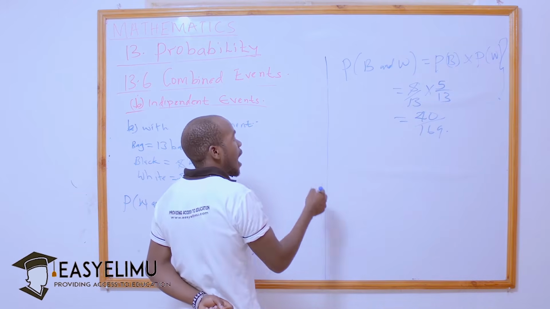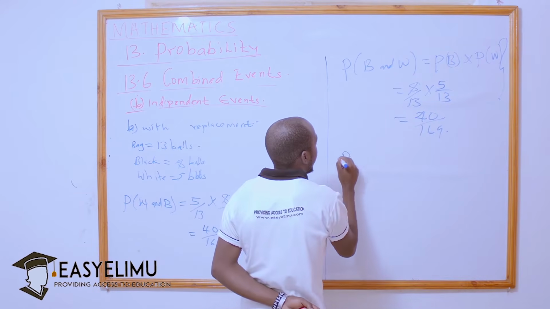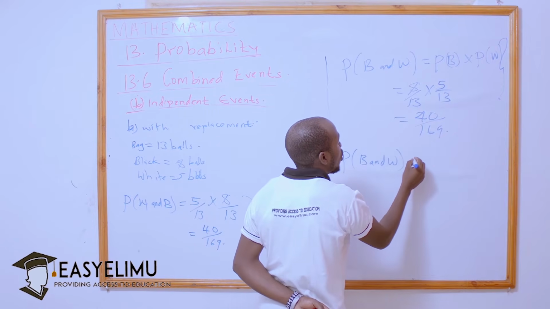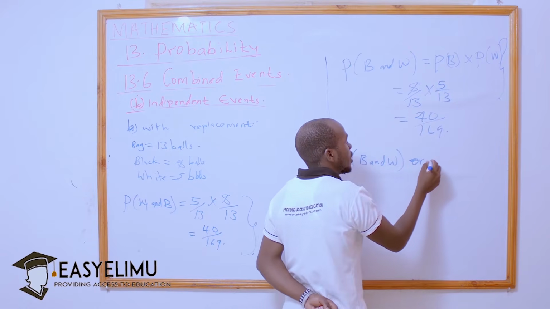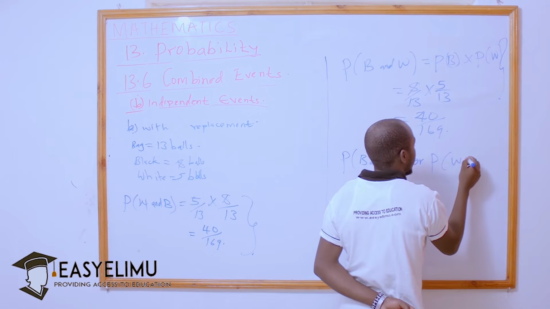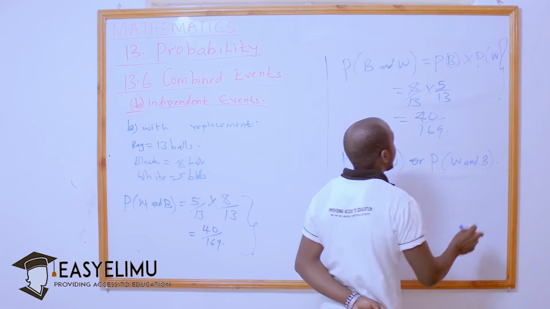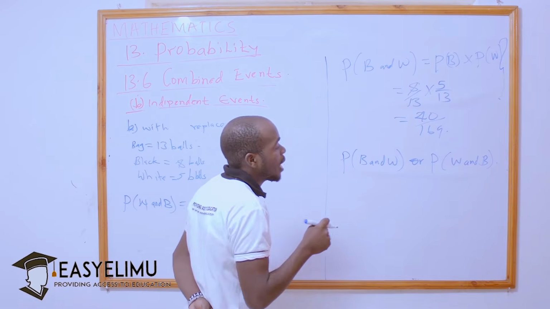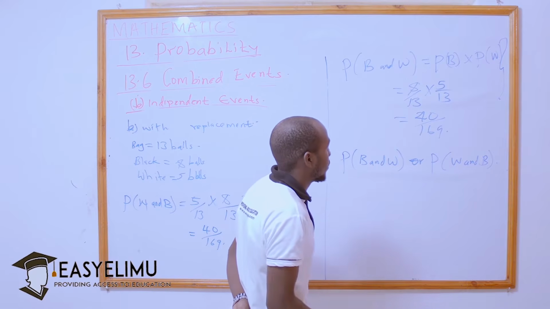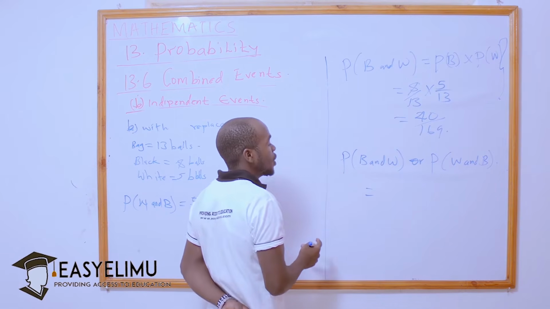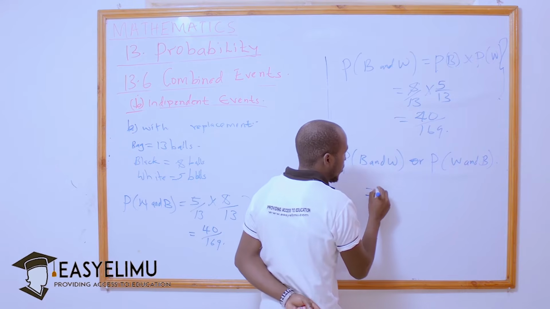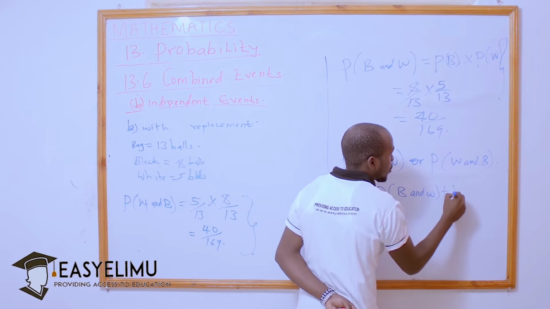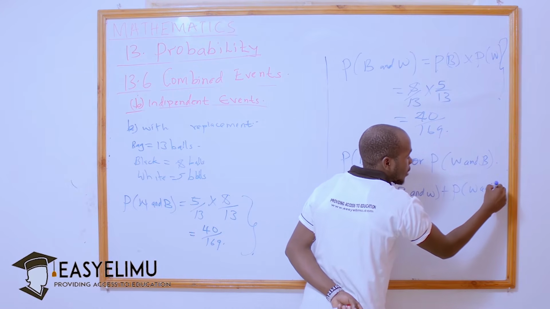It is either this method which will occur or the other method we have here. So either the probability of black and white will occur or that of white and black. If one of the methods occurs, the other one will not occur, and if the other occurs, the first is prevented from occurring. So this is the same as finding the probability of black and white plus the probability of white and black.